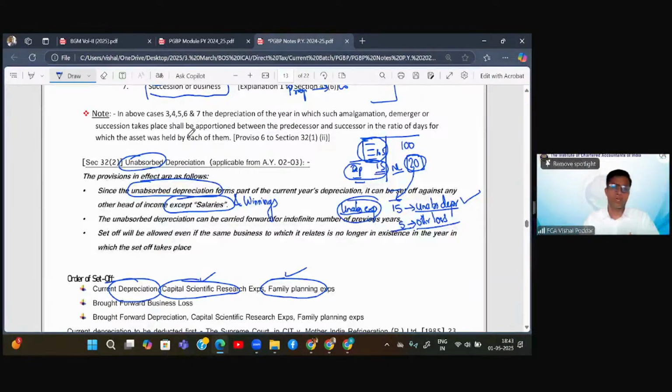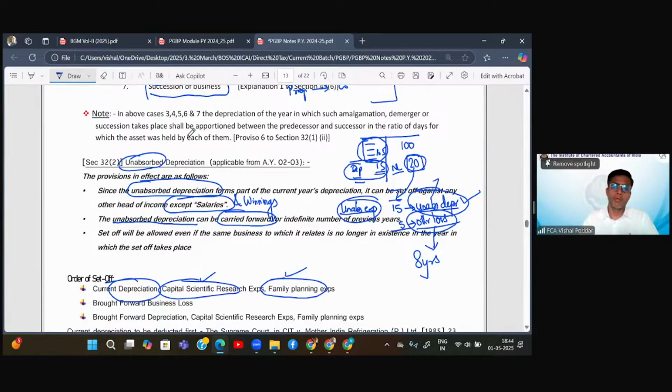Where you have winnings in the form of betting, lottery, nowadays online gaming, against these incomes you cannot set off your business losses. Second, if this loss could not be set off at all in this year because you do not have other incomes, then you can carry forward this loss. Now here is the difference: other business loss can be carried forward for 8 years.